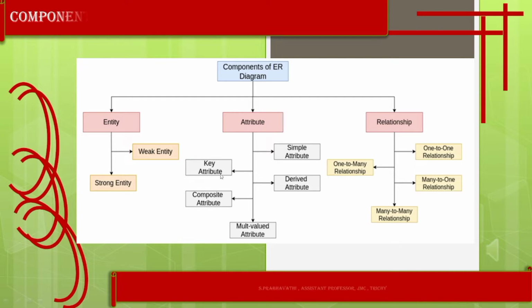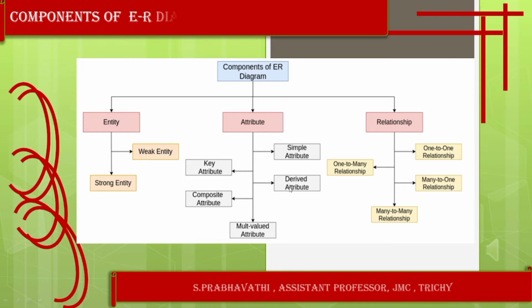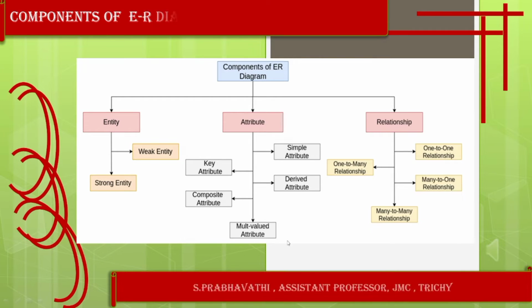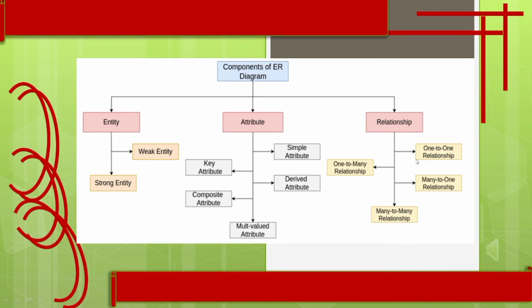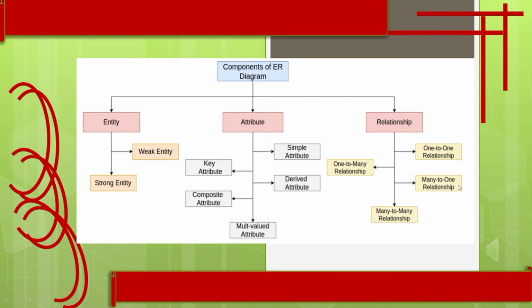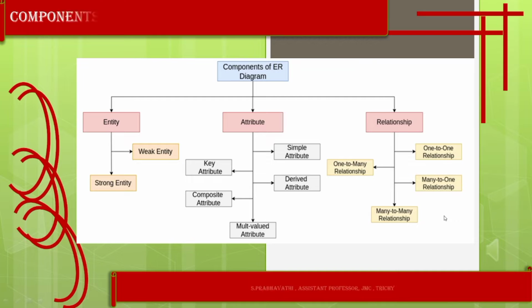Attributes are key attributes, composite attributes, simple attributes, derived attributes, and multi-valued attributes. Relationships are one-to-one, one-to-many, many-to-one, and many-to-many relationships.